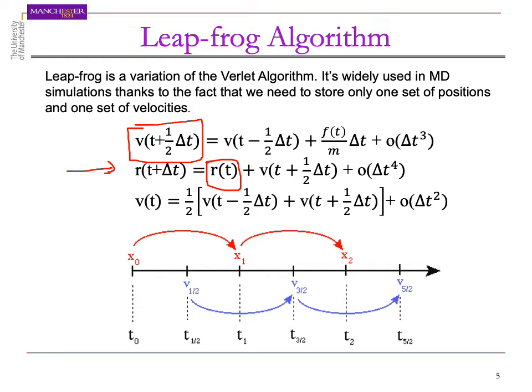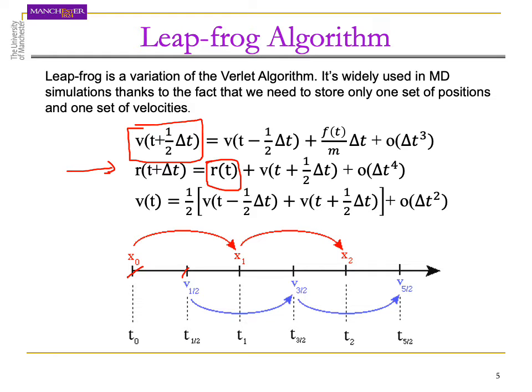Why is this algorithm called leapfrog? Let's say that we initialize the position of the atoms at the time step t subscript 0. We have to initialize the velocity as well at 1/2 of the time step of distance with respect to the positions.